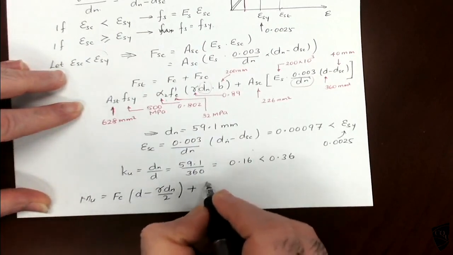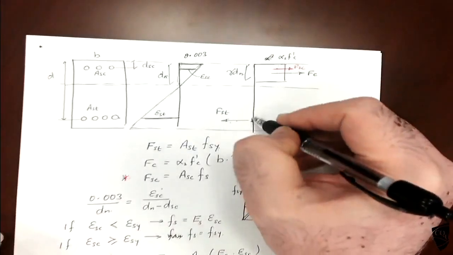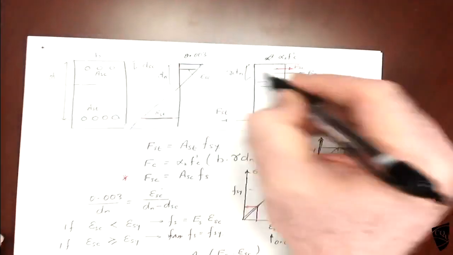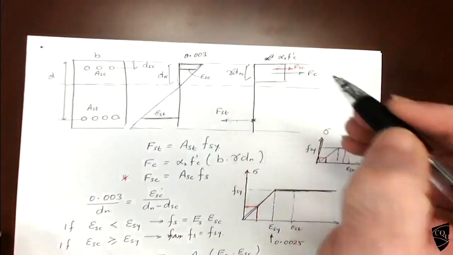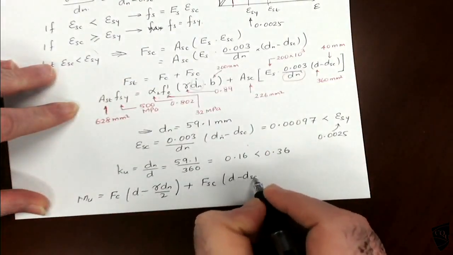But here for Fsc we have another additional term. The distance from here, this is d, this is dsc, so d minus dsc.